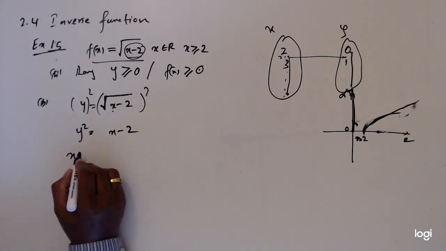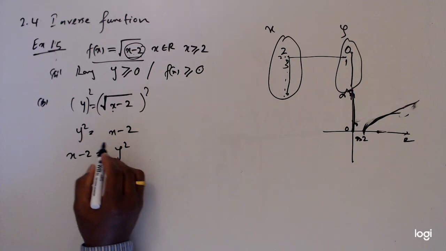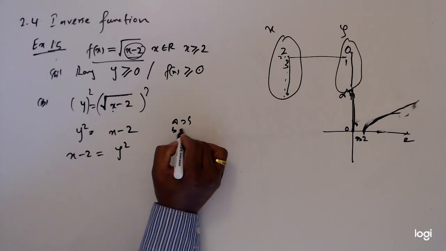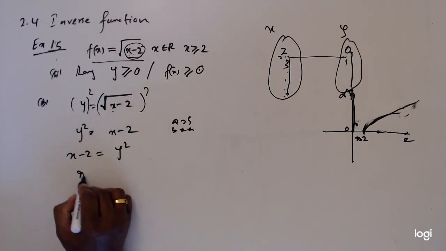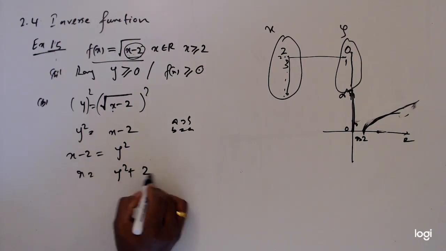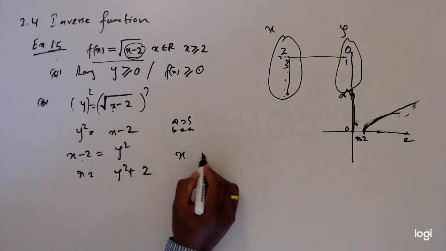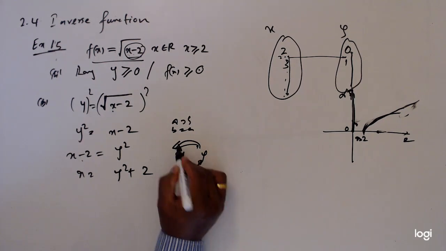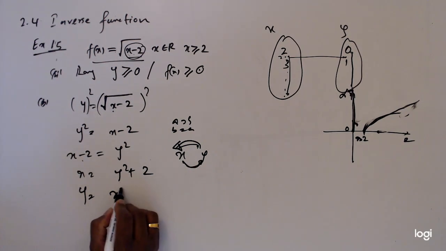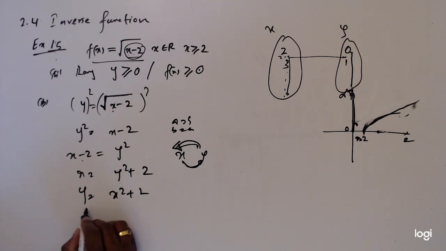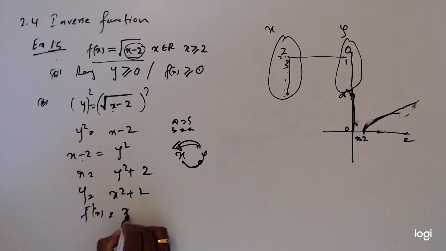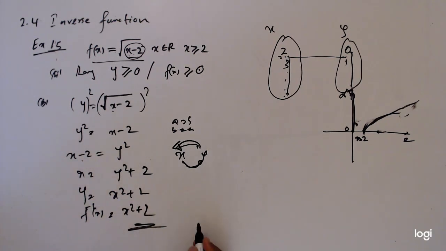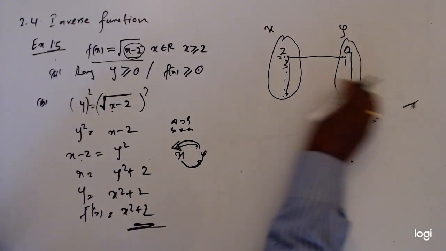I will rewrite: x minus 2 equals y squared. Then x equals y squared plus 2, moving minus 2 to the other side. Then x to y, y to x. So y equals x squared plus 2. So f inverse x is x squared plus 2. So this is the inverse function, and we need to write the domain and the range.